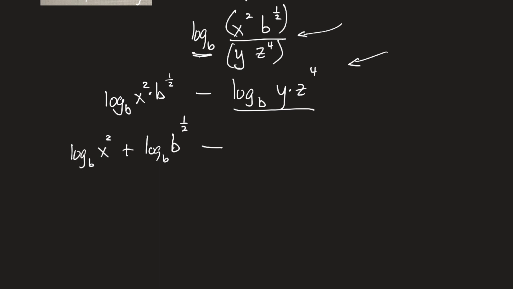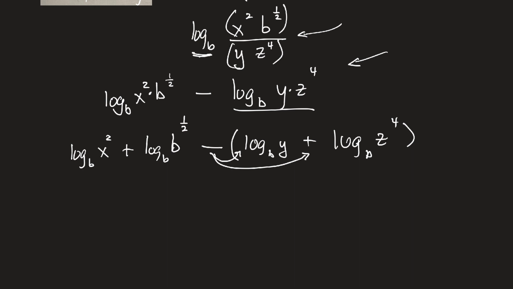But let me put in an extra step there. If I do use the product law for this, it'd be log base b of y plus log base b of z to the 4th. You see where that dirty negative is going to come in? So this will be a negative, and that's going to be a negative. Let me rewrite it all so it looks like that.